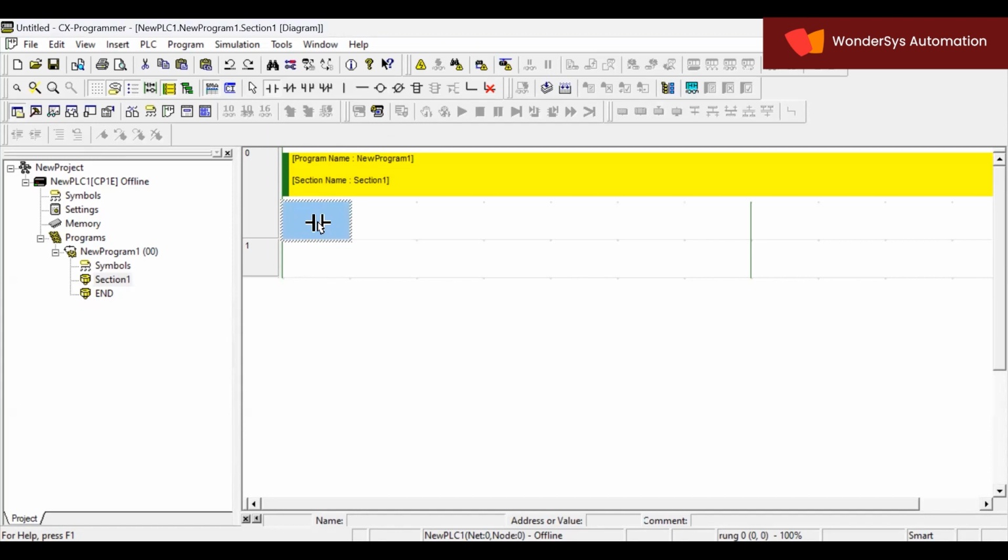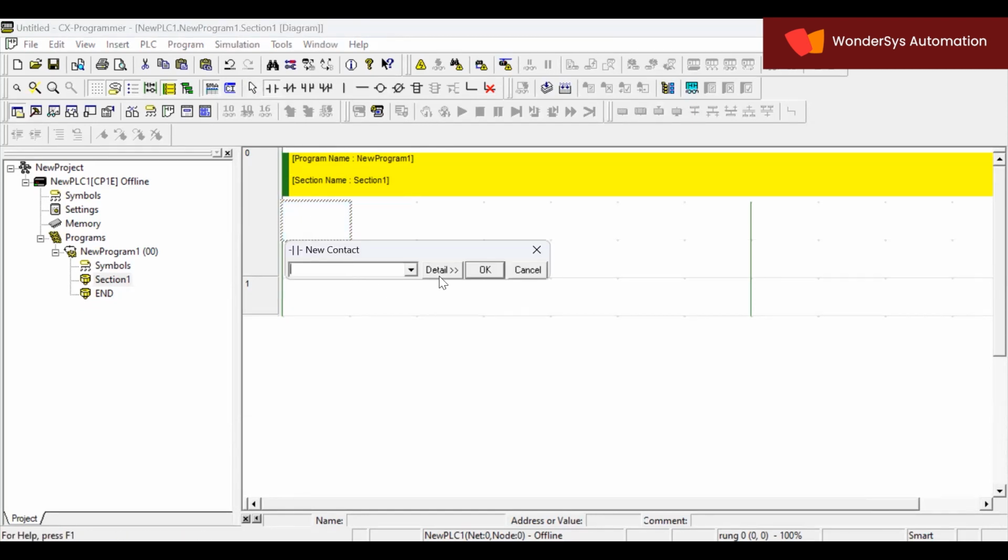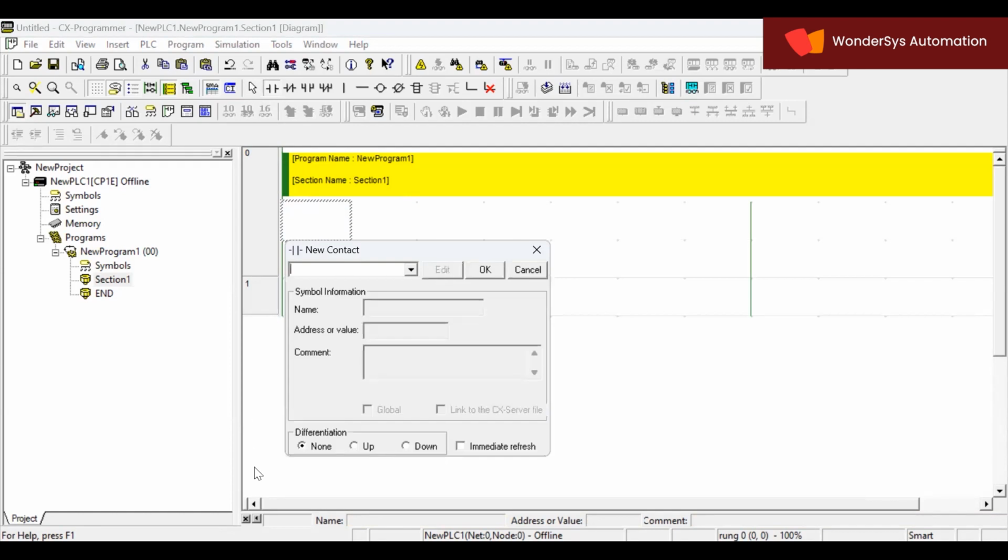So select the NO contact, give the address, then go to details. If I just give the address, I'll get a normal NO contact, neither up nor down triggered. For that, select the NO contact, go to details. Here in the differentiation, you have the options none, up and down.